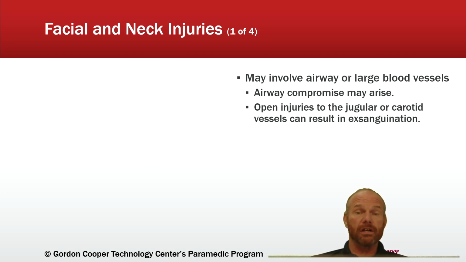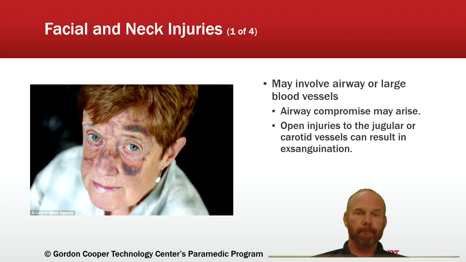Suction and patient positioning may be necessary for airway patency. Often injuries to the jugular or carotid vessels can result in exsanguination. So everything on the inside kind of coming out on the outside. And of course, psychological impact of facial damage can be a thing too, as we mentioned.